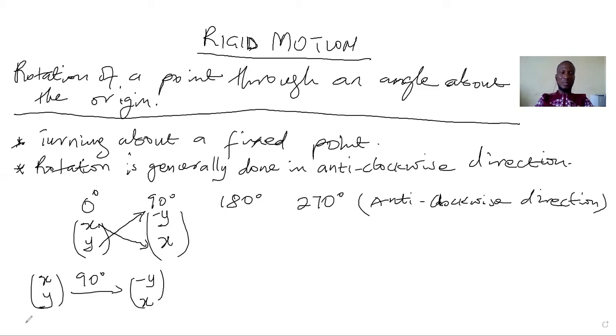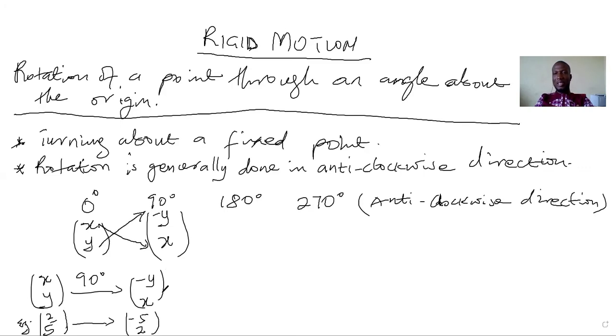So that is it. Example, let's say we have the point (2, 5). Rotated 90 degrees anti-clockwise, it is going to give us (negative 5, 2). That is the 90 degrees anti-clockwise rotation.